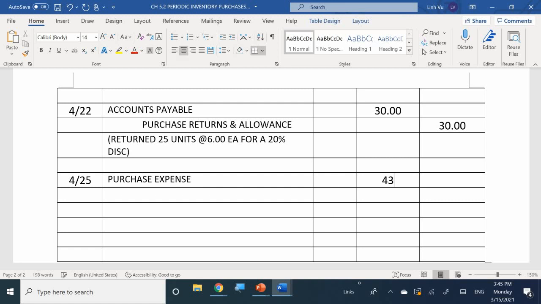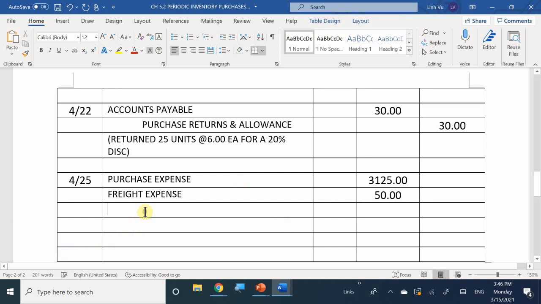For the $3,125. Okay. And the freight expense? $50. For $50.